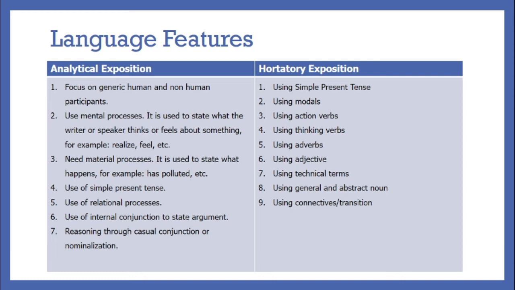It is used to state what happened, for example, has polluted, etc. 4. Use of simple present tense. 5. Use of relational processes. 6. Use of internal conjunction to state arguments. 7. Reasoning through causal conjunction or nominalization.